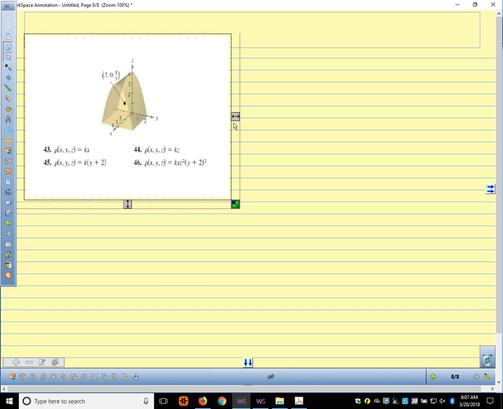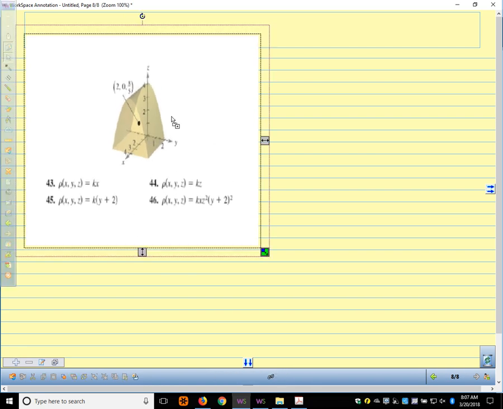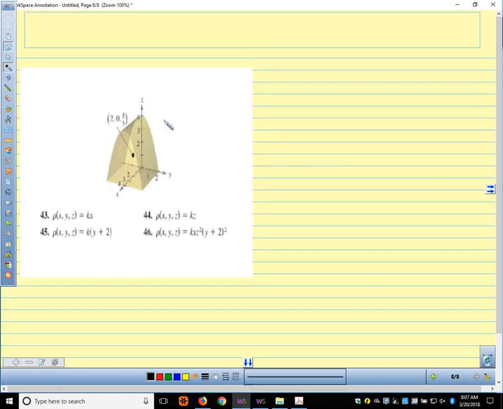So what we have here, we have a solid region, and I'm going to say for this region, the density is constant. And this is the center of mass, 208/5. That's the center of mass of that region with constant density.